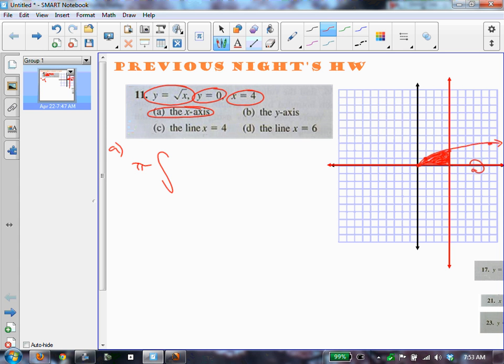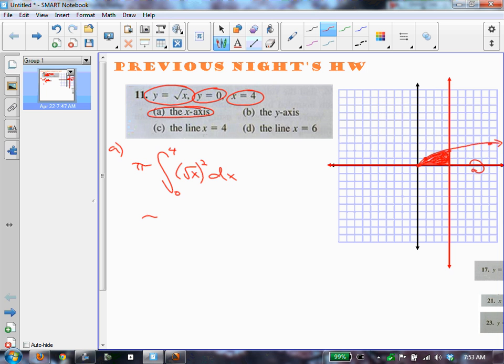Top minus bottom: my top is going to be square root of x, squared, minus the bottom, which is y equals 0, so 0 squared. Do I even need that? dx, from 0 to 4. All right, there we go.